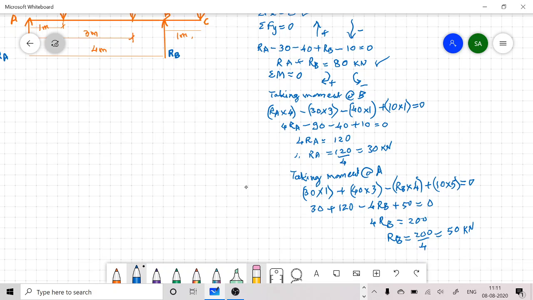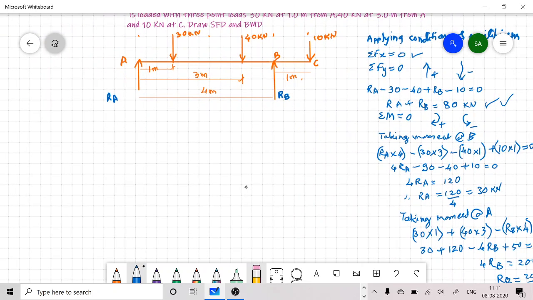Now let us check. RA is 30, RB is 50. So 30 plus 50 equal to 80. So it is according to the first equation, RA plus RB equal to 80. So whatever calculation made are correct. So I will write RA here as 30 kilonewton and RB as 50 kilonewton.